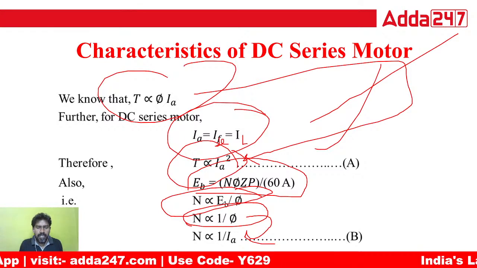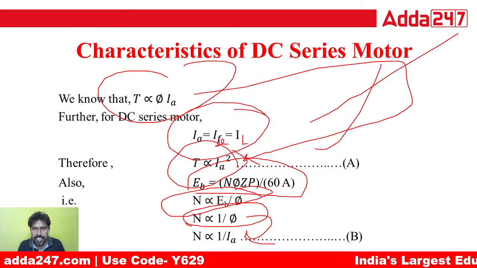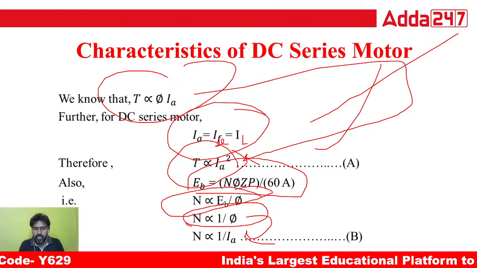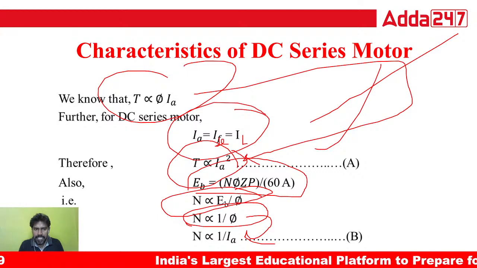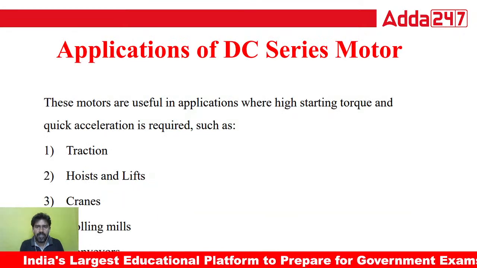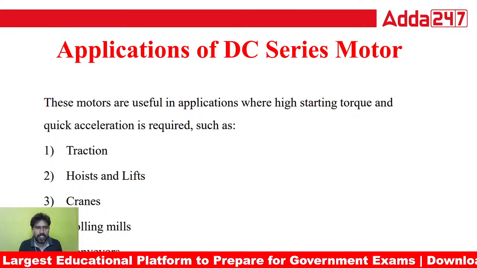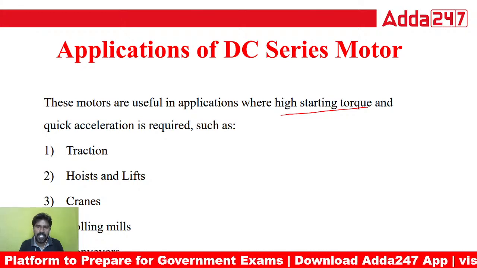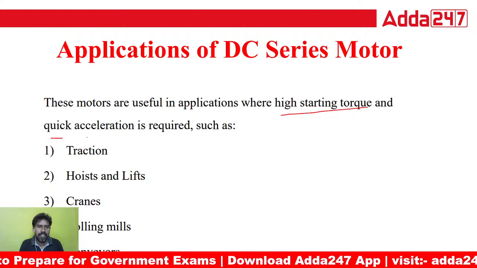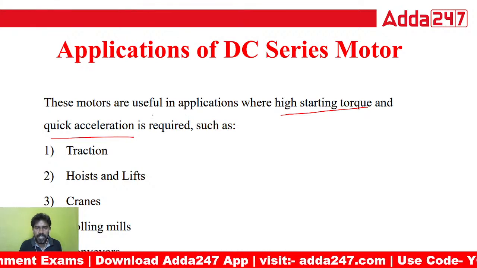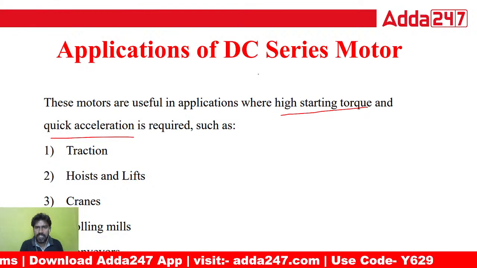So these are the characteristics of a DC series motor: shunt motor, series motor characteristics. Now some applications of a DC series motor. Wherever a high starting torque and quick acceleration are required, we use a DC series motor.